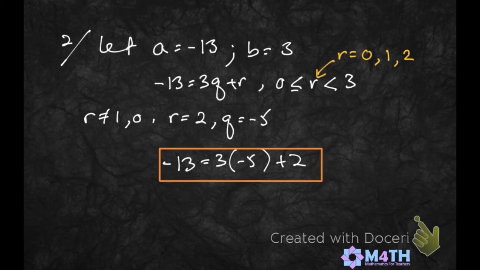The way we write down this division algorithm is unique. That's the only possible value of r that satisfies the whole equation.